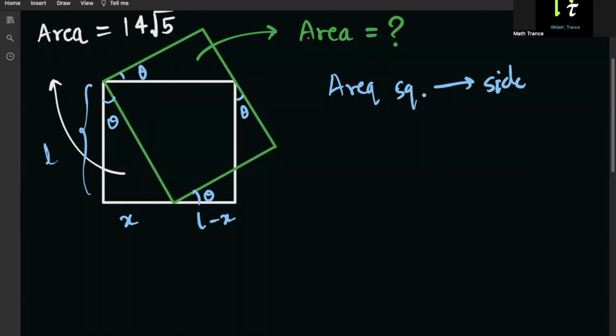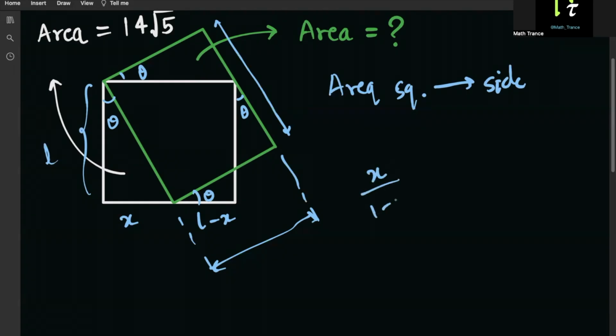Then somehow you get the length of this side of the rectangle, maybe in some variable form, and get this side of the rectangle maybe in some variable form, but I'm sure that you will end up with enough equations, if you know geometry and how to apply it, that all those variables will get cancelled out somehow. Maybe the product of them, like x upon 1 minus x, something like that.